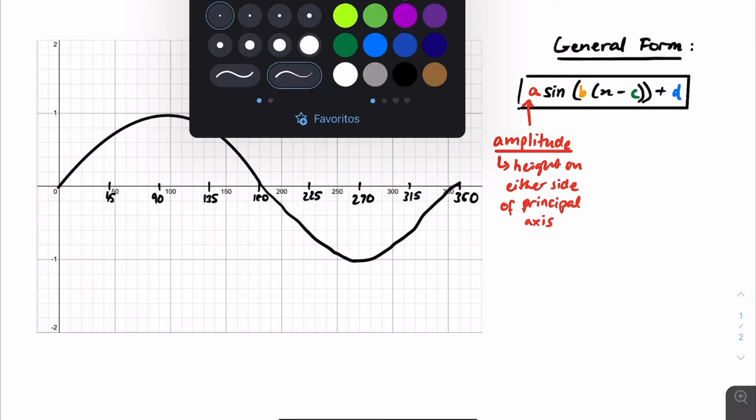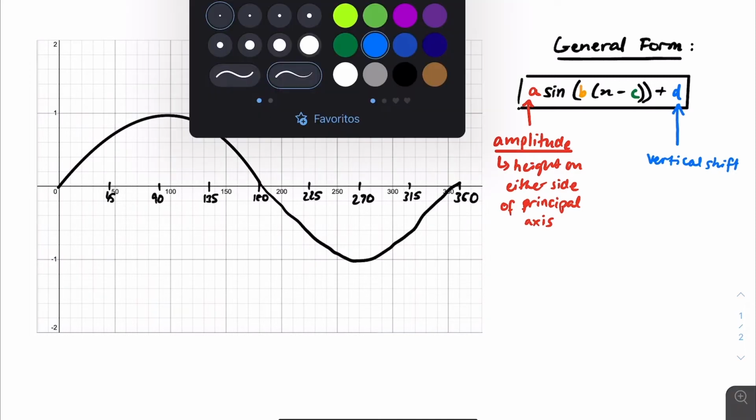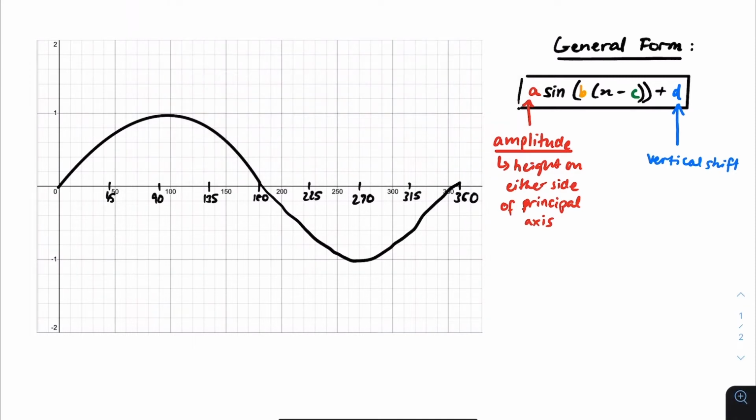So next I'm going to go to this side over here. This is known as the vertical shift. So as you can see, it's not directly attached to the function, it's just like an addition. So what this means is that the vertical shift will cause the entire function as it is to move up or down.